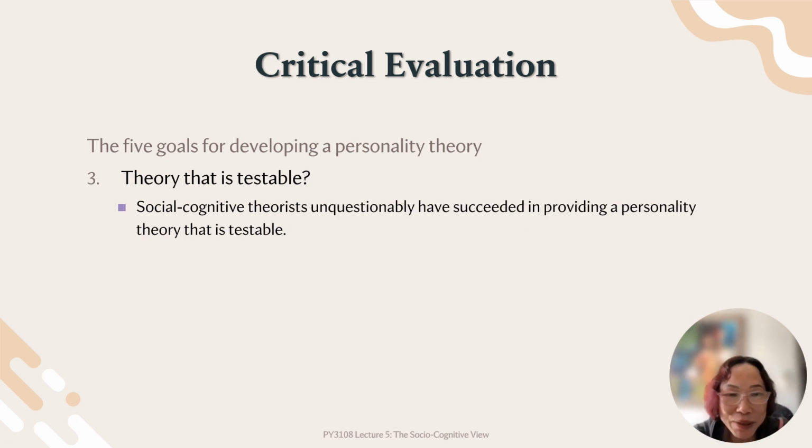Is the theory testable? From what we have discussed, social cognitive theorists unquestionably have succeeded in providing a personality theory that is testable. Particularly, for example, self-efficacy, Bandura used his own research findings to support the concept of self-efficacy. So this is a big tick.